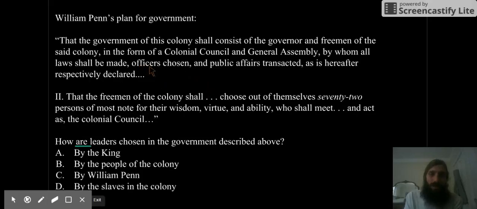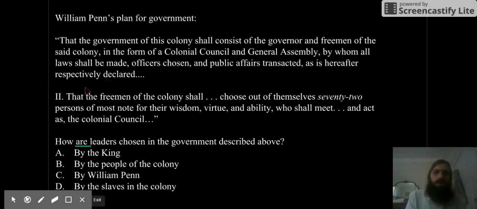So you see officers are chosen. I don't know if it really tells me how they're chosen. I see choose here, choose out of themselves, 72 persons. I see that the freemen of the colony shall choose persons to act as their colonial council. So they're choosing people to be in the government.